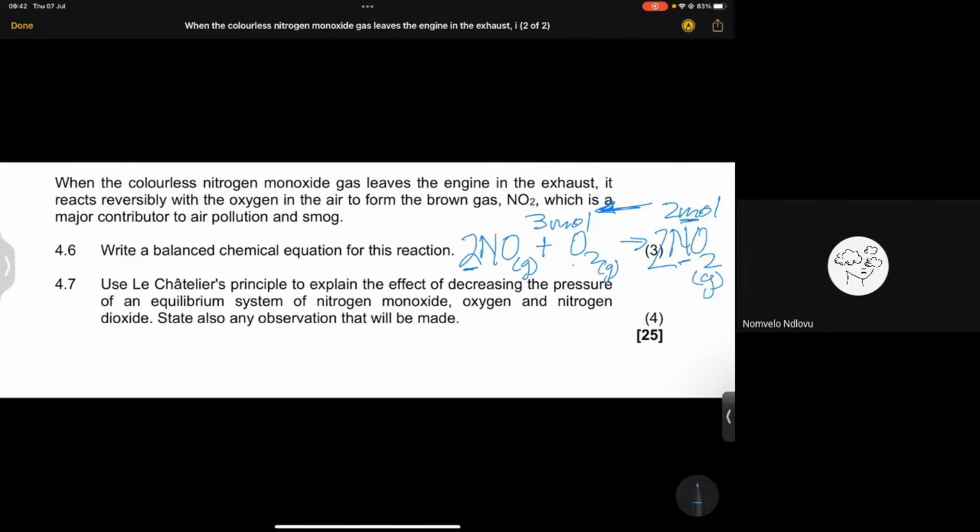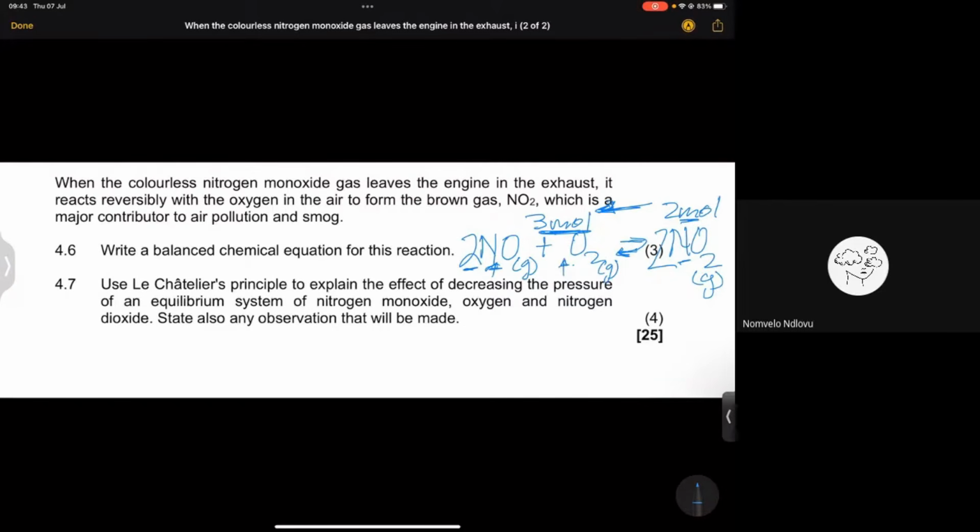So decreasing pressure will favor the reverse reaction. A decrease in pressure will favor the side that's got the most number of moles. So the reactants are favored.